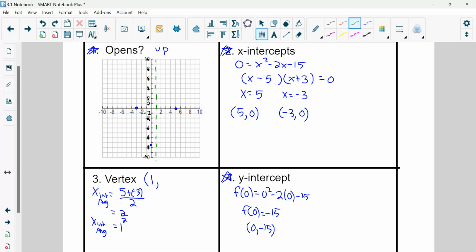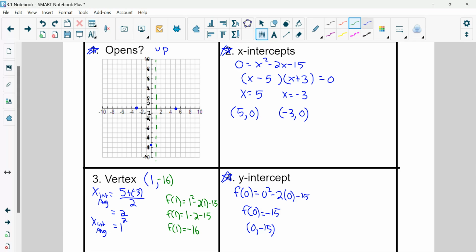I still need the y value for that, so I can just plug 1 into our original equation to find that. So if I do f of 1, that would be 1 squared minus 2 times 1 minus 15, or 1 minus 2 minus 15. So that would be -1 minus 15, -16. So (1, -16) would be our vertex.